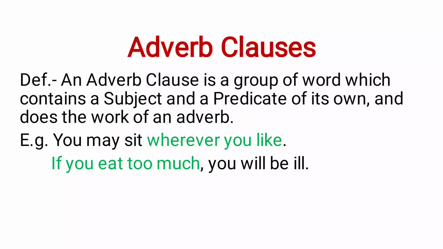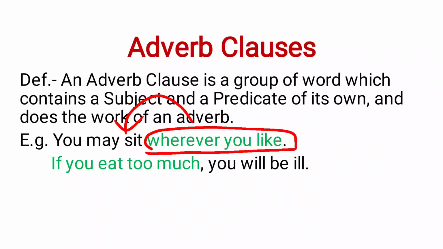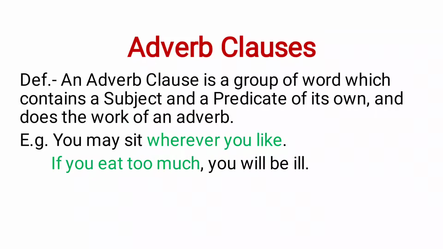You can also understand this with the help of these two examples. You may sit wherever you like. So this group of words is modifying the verb sit and thus playing the role of an adverb here. And as this group of words contains a subject and a verb combination, so we can call it an adverb clause.